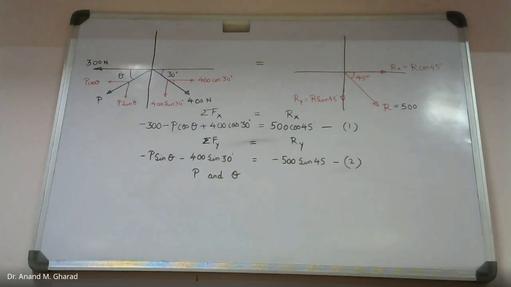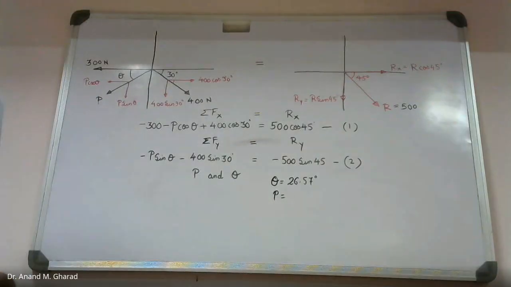So how much are the values? Sir, theta is 26.57 degree, and P is 343.56 Newton. 343.56, okay.